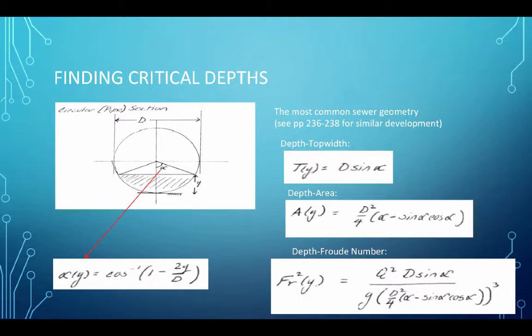We would go ahead and take their ratio to produce the Froude number squared as a function of depth, which is shown here. Remember that alpha is also a function of depth, and rather than directly incorporating it, we would specify alpha, specify y, compute alpha, put alpha into the equation to get Froude number squared.